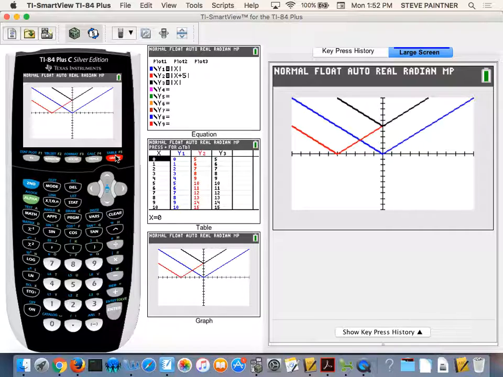Try to do this. I want you to move your V. Listen to this, everybody: move your V right 3, down 4. Right 3, down 4.